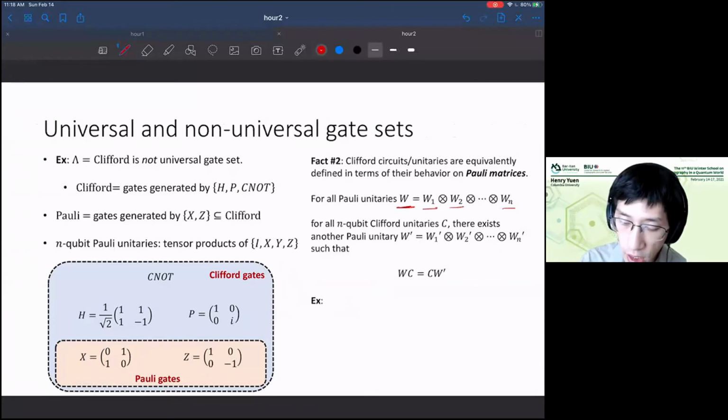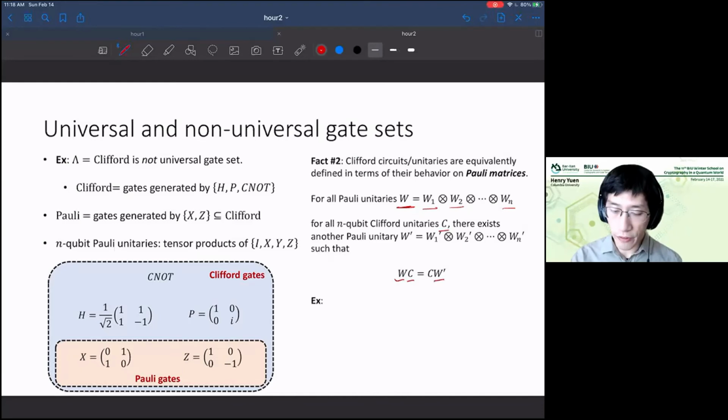If you have an n-qubit Clifford circuit C, then if you first apply the Clifford circuit C, and then apply this Pauli unitary, that's the same thing as applying a Pauli unitary, maybe a different one, followed by the Clifford circuit. So another way of saying it is that Clifford circuits map Paulis to Paulis, right? So for simple examples, let's just deal with the 1 qubit case for now. Let's say we have a Hadamard, which is a Clifford gate, but it's not a Pauli gate, times X.